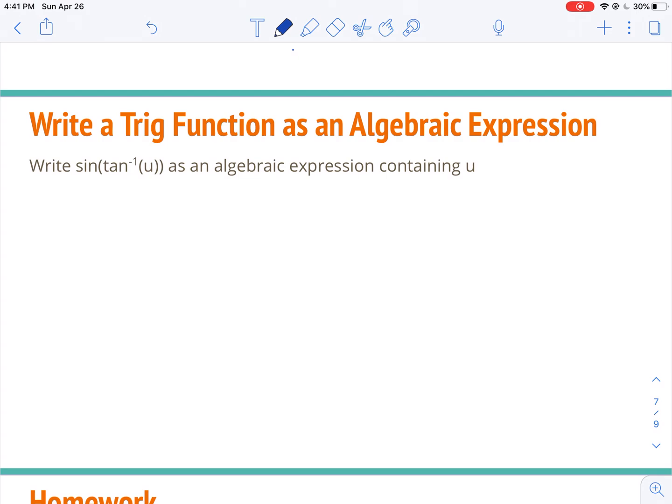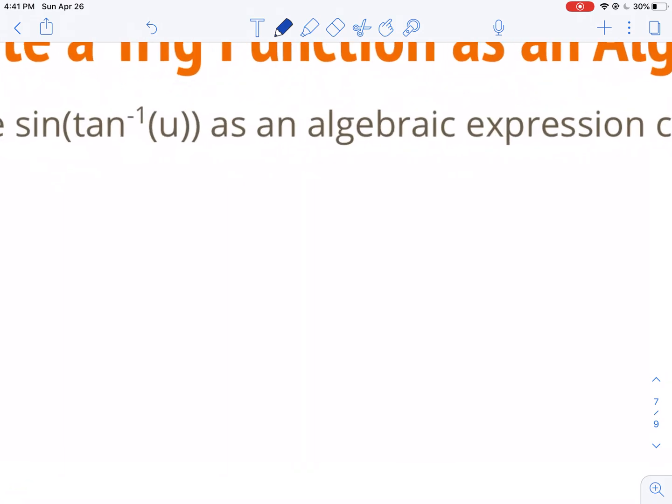So what this means is that we're going to find something here that isn't quite an answer per se. We're going to actually have an algebraic expression as our answer. We're not going to have a number as our answer. This is something that you would have happen a lot more in calculus. Not this exact question, obviously, but this style of question where you're going to be writing things out as expressions, but we want to start getting used to that.